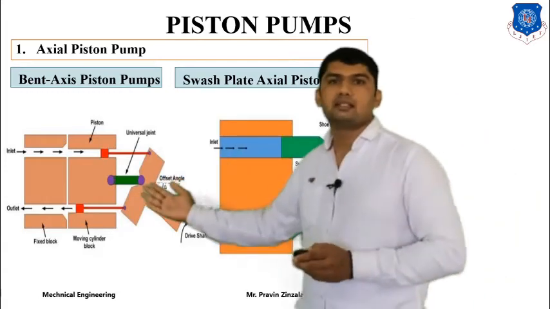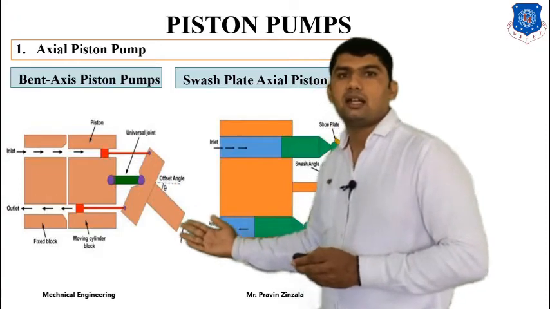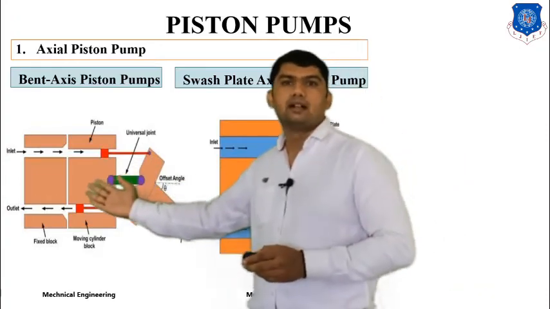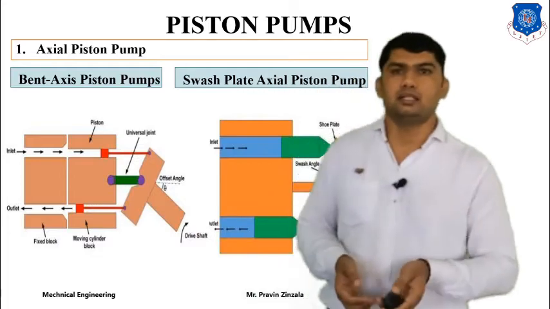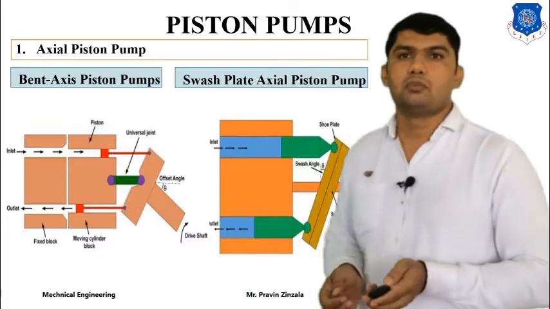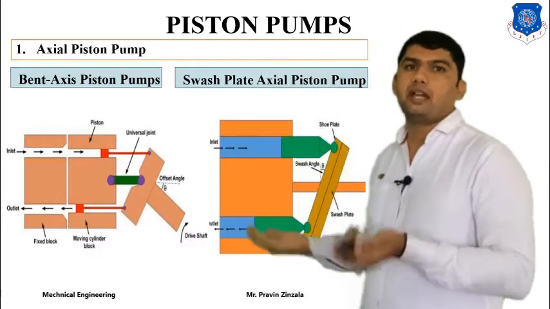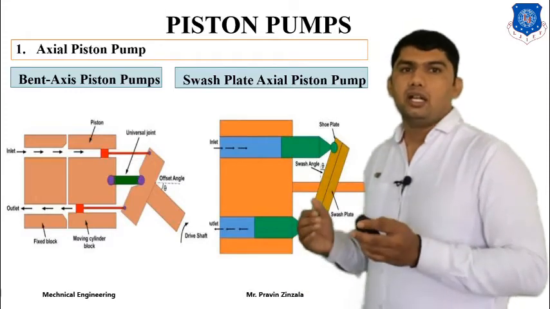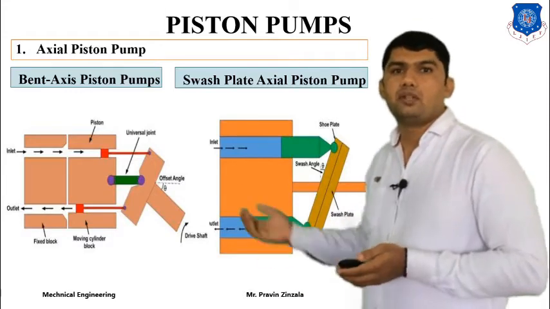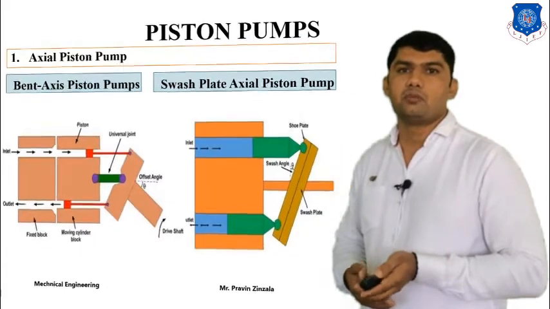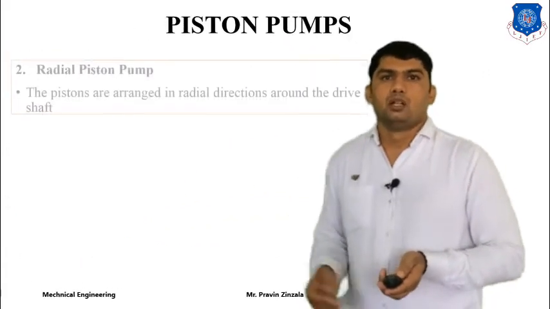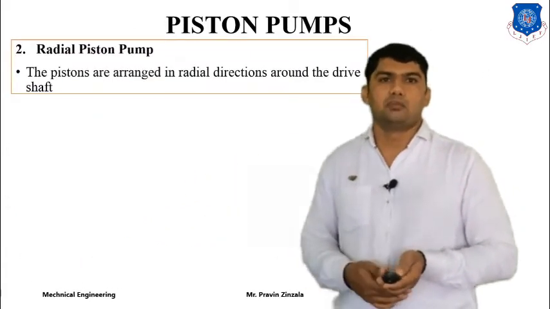This is the bent axis, where there is an angle between the electric shaft and the cylinder barrel, so it is called a bent axis axial piston pump. You can select according to application or requirement, and we can use the different types of piston pump.